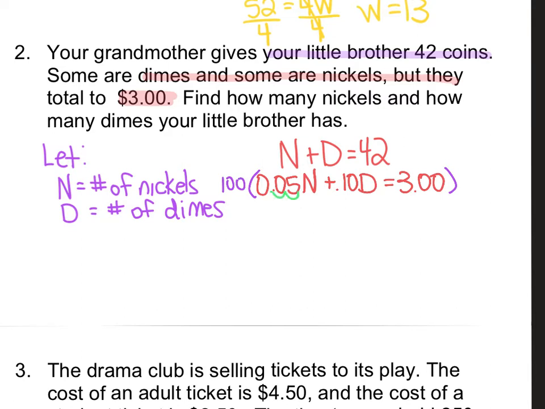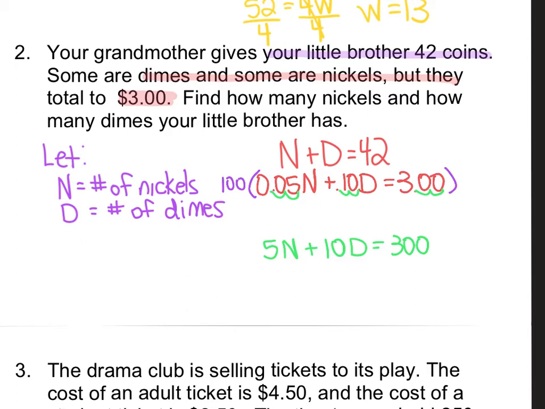All that would do is move my decimal places 2 places to the right, and it would leave me with an easier number to deal with. You could do that step first if you wanted to, like just say, okay, I'm going to put 5n plus 10d equals 300 instead of equals $3.